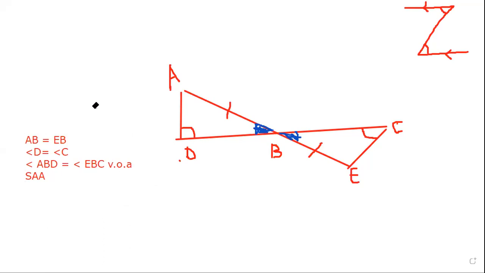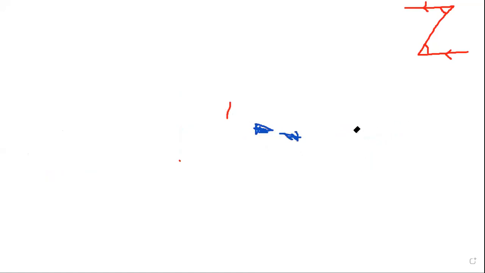Also, you will find in this lesson how we can prove that two triangles are congruent by using the distance formula.